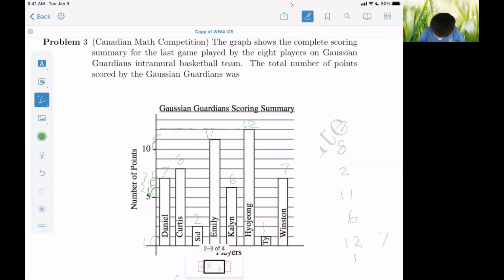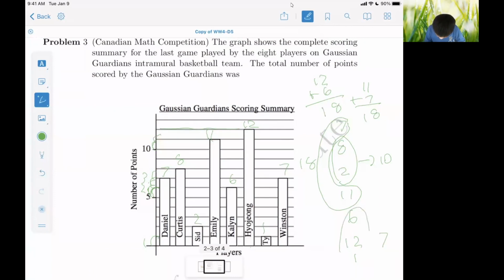We could first find a few sums and then add the total. So 7 plus 11, 1 plus 7 equals 8, 1 plus 0 equals 1. So this is 18. 6 plus 12, 2 plus 6 equals 8. 1 plus 0 equals 1.